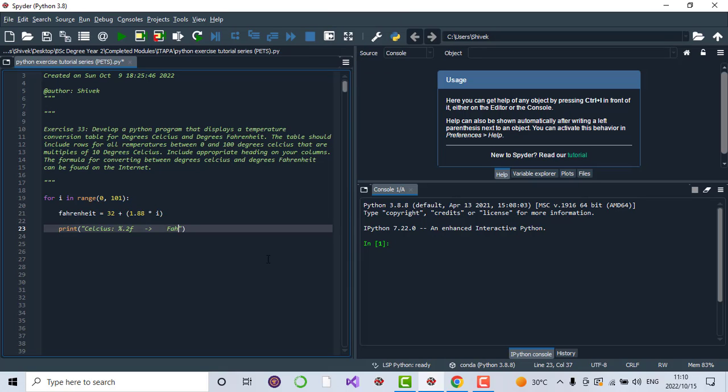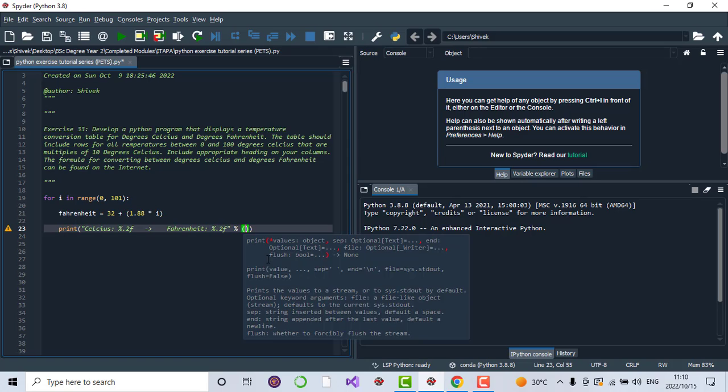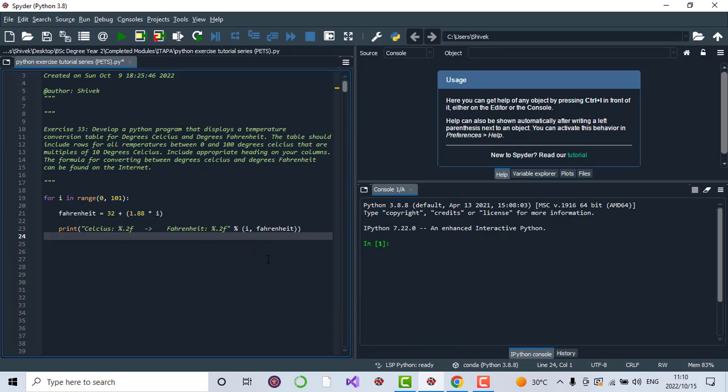And then Fahrenheit %.2f, yeah, that should be good. Nothing too difficult as you can see. And then for the first one, we'll pass i, which is the degrees, so it'll take the place of 0 to 100. And then in the second placeholder, we're going to pass Fahrenheit. That should be all actually for this problem.